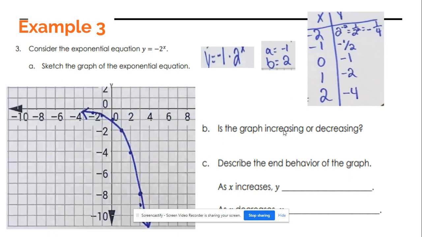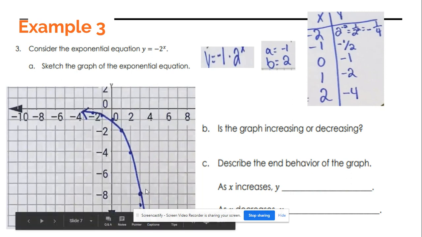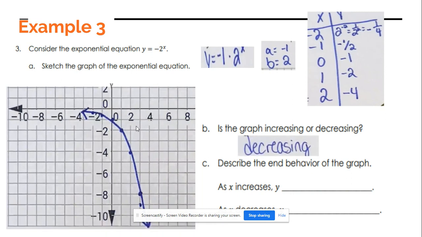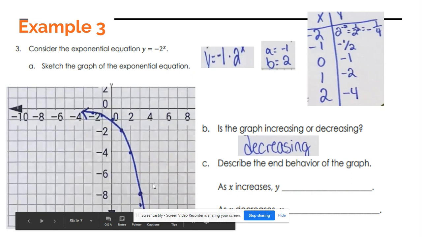Is the graph increasing or decreasing? Remember, read your graph from left to right. As x increases, as x goes to 2, y is -4. As x is 4, y is -8. So this graph is actually decreasing, because as my x values are increasing, my y values are getting smaller.